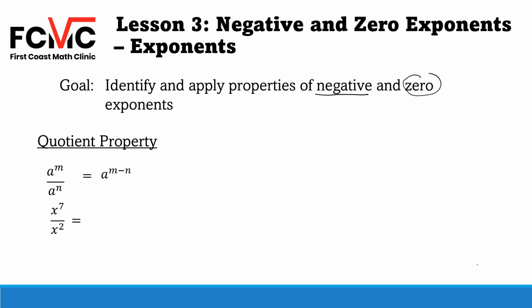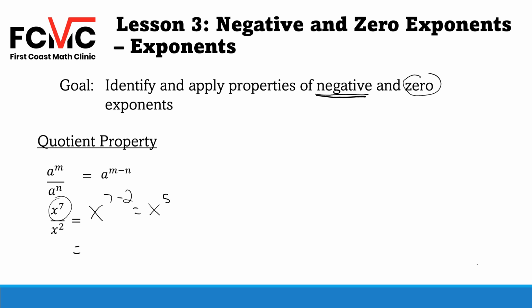As a review, if I have x to the 7th divided by x to the 2nd, to simplify this, let's think, where do we have more x's? We have more x's in the numerator. So this is going to be x to the 7 minus 2, which is x to the 5th. Well, where does a negative exponent come from?